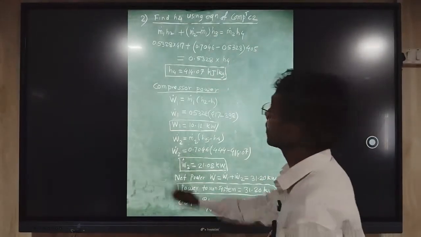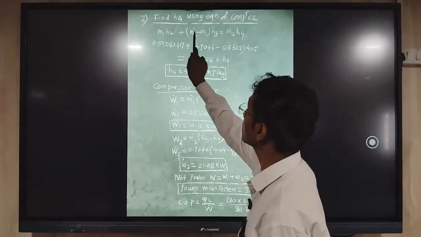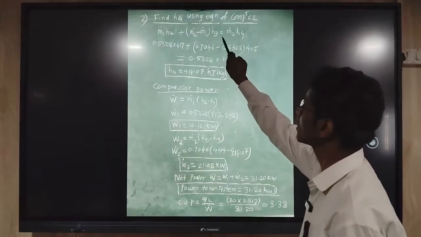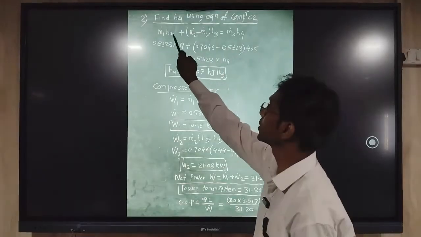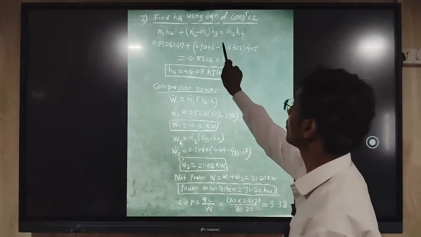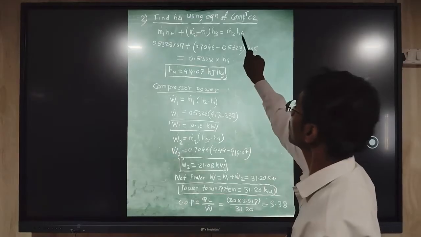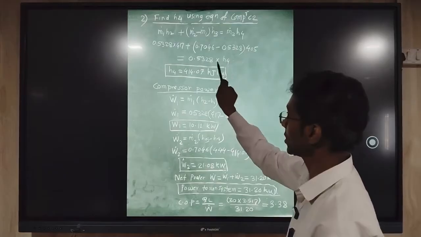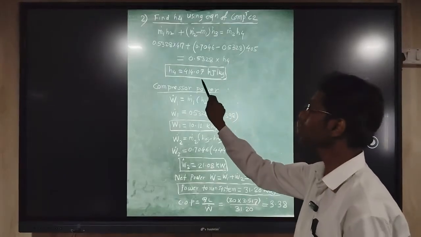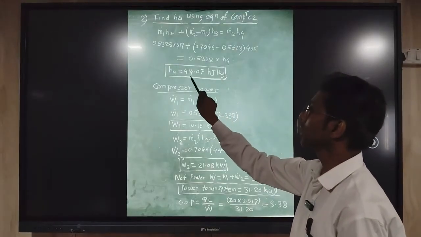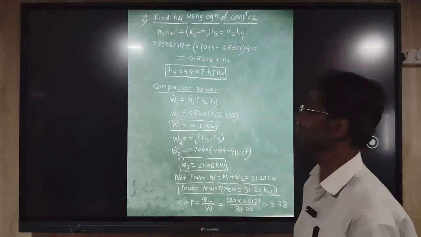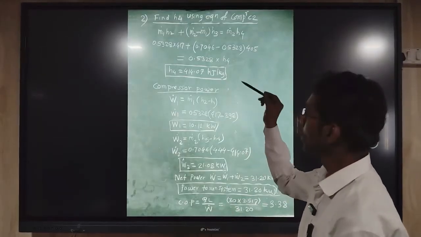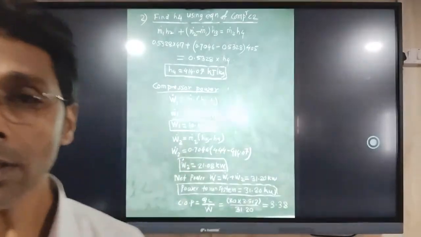Now in this equation, the values of mass flow rates M1 dot, M2 dot, and enthalpies H2, H3 we have put, and H4 we have to calculate. So we arrange this equation in the form of H4. By calculation we get H4 enthalpy in kilojoule per kg.